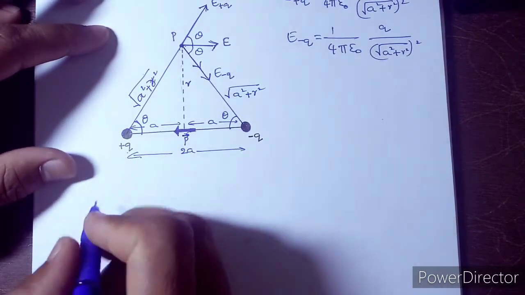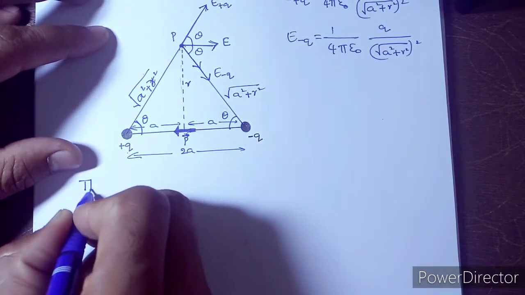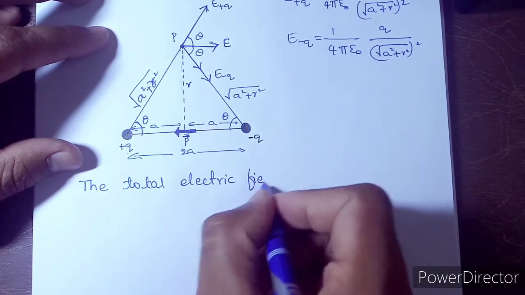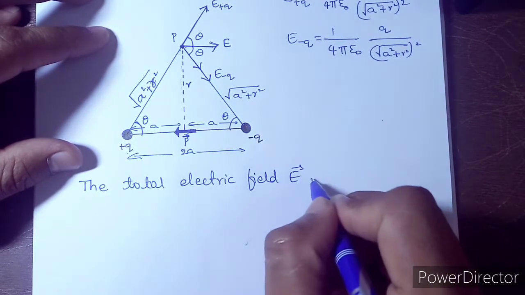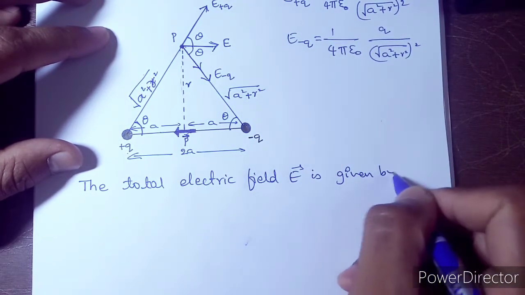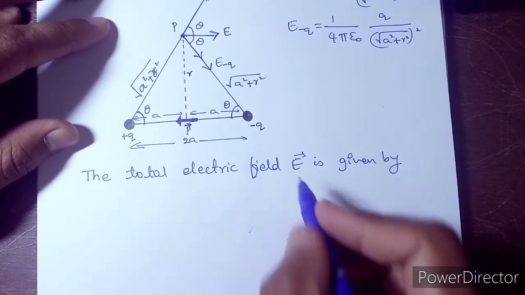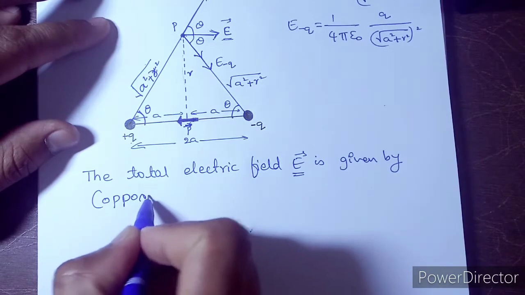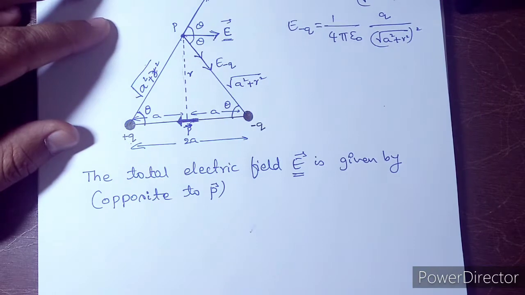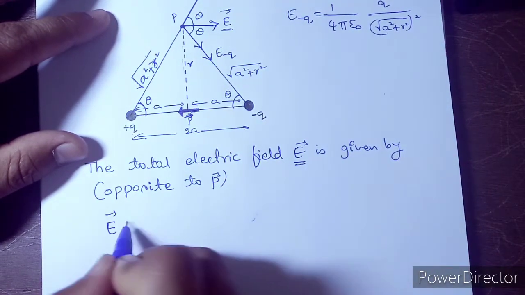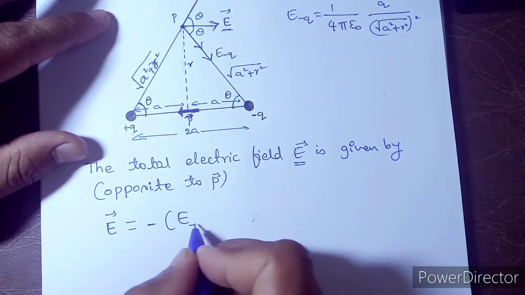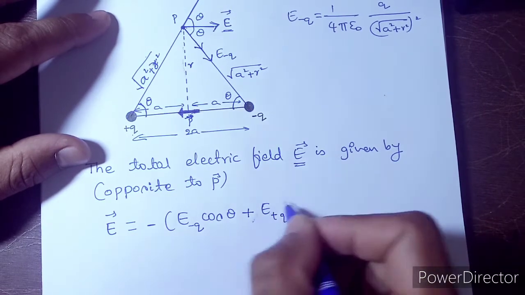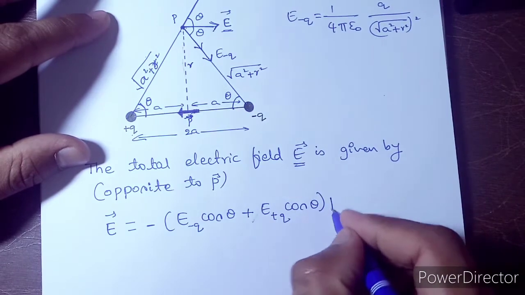Here the resultant total electric field E is given by, and also remember this E is opposite to P. If we consider P, we will get a minus sign in E. Okay, so then E is given by minus, E minus Q cos theta plus E plus Q cos theta into P cap.